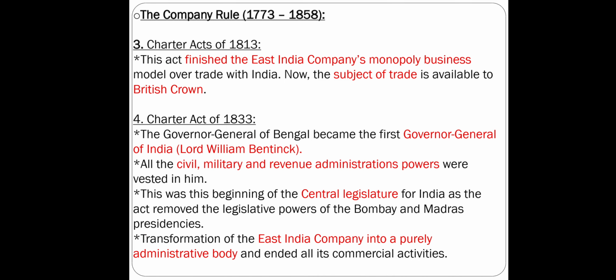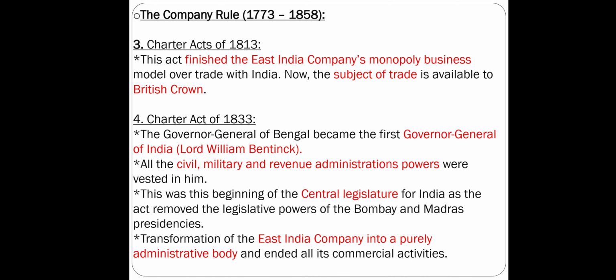This is not actually that important, but a few of its points were important. Like for example, in 1813 the era of Charter Acts started, and they were supposed to be passed within a period of 20 years. This act of 1813 ended the East India Company's monopoly over trade with India.